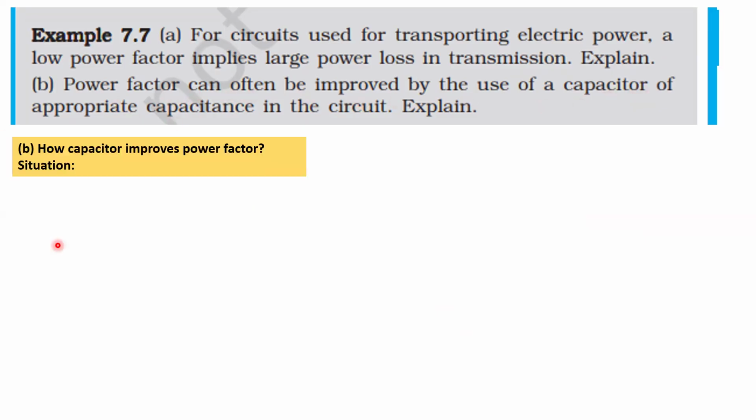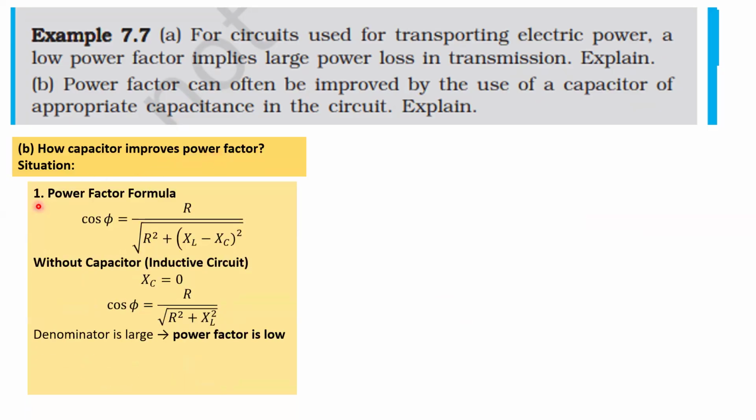Okay, now we'll go for power factor. The capacitor has to improve the power factor; that we have to show, right? Yes, cos phi is the power factor. If it is an LCR circuit, cos phi equals R divided by root of R square plus (XL minus XC) whole square. Without the capacitor, you remove XC, so it becomes root of R square plus XL square. The denominator is increasing, so cos phi is low.